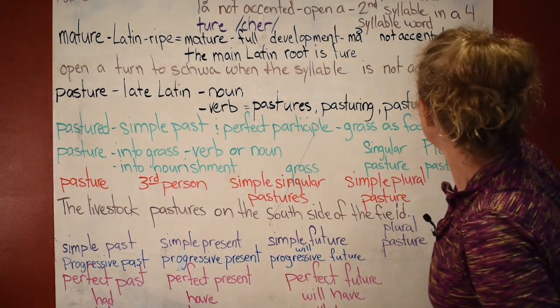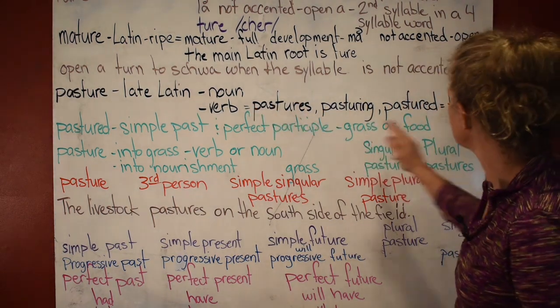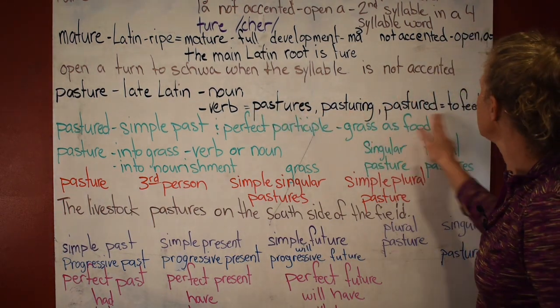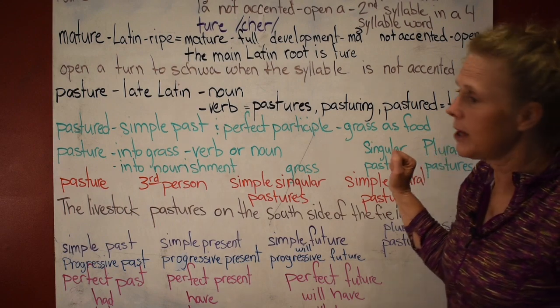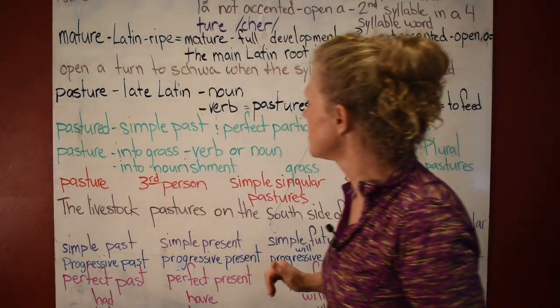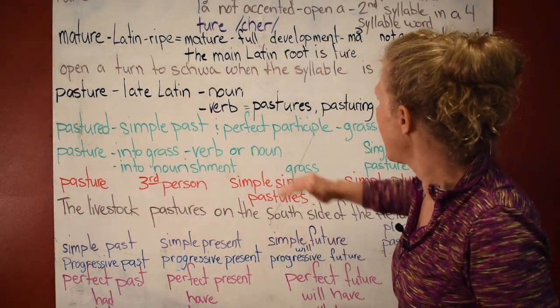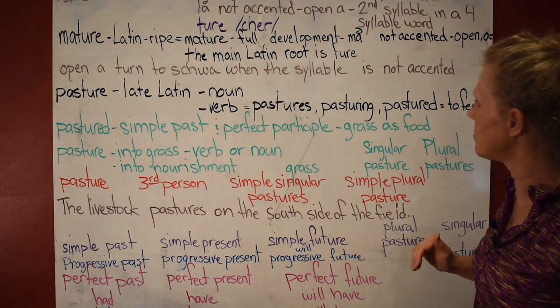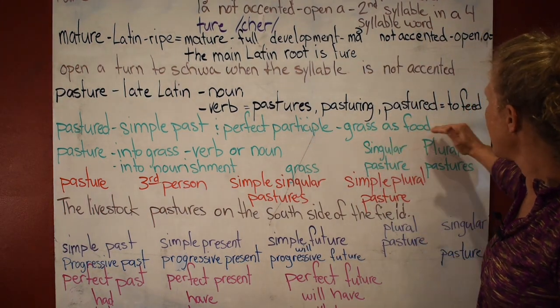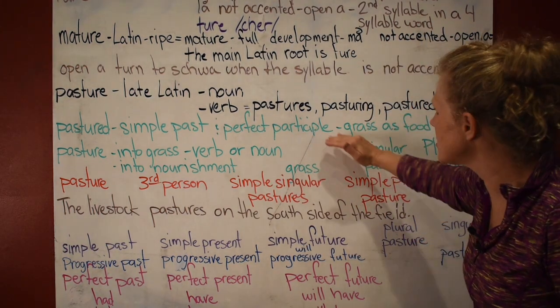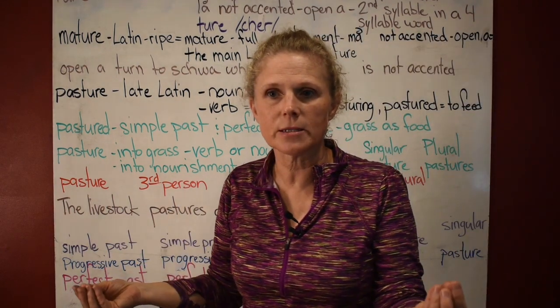Okay, now, this pasture, pastured, as a verb, it means to feed, okay? Pastured, we have the simple past and the perfect participle. Grass as a food. So that's what it means. What does pastured mean, you guys? Grass as food.